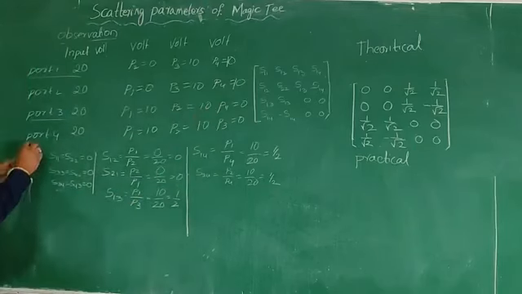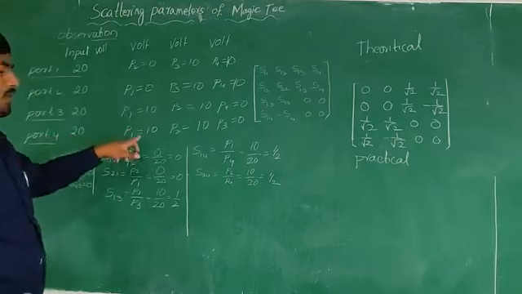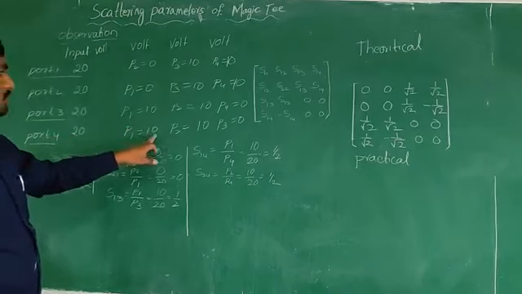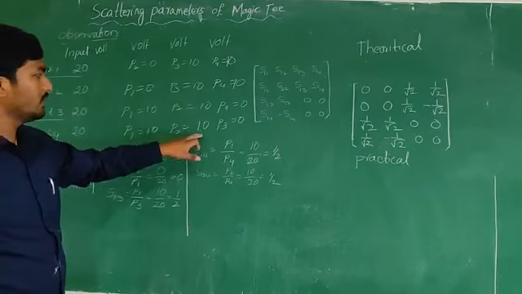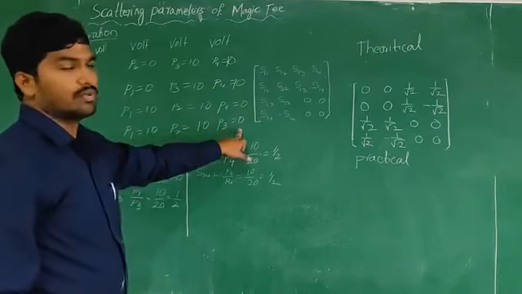We connected the microwave source at port 4. The input voltage is 20 millivolts. We got voltage at P1 equal to 10, voltage at port 2 of 10 millivolts, and at port 3 we got 0 millivolts.